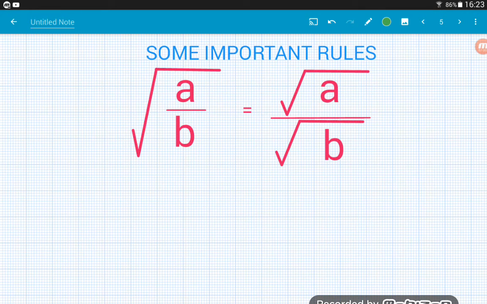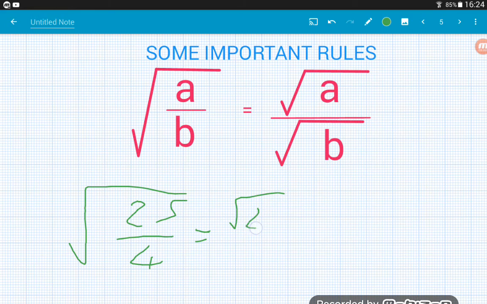So the square root of a whole fraction is equal to the square root of the top divided by the square root of the bottom. So for example, if we apply this to, say, let's say we've got the square root of 25 over 4, then we could say that this is equal to root 25 over root 4, and then root 25 is 5, root 4 is 2.